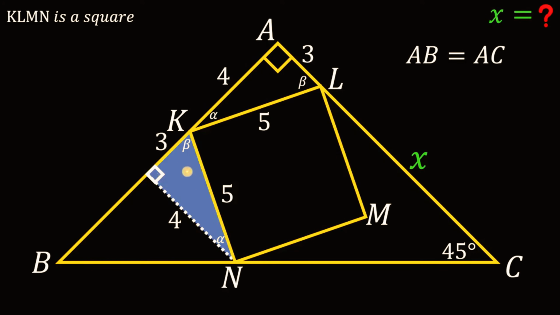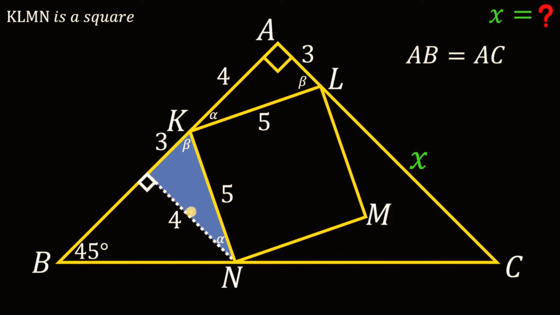equal to 4 units. Alright, and then also take note that this triangle ABC is an isosceles right triangle, so this angle B must be 45 degrees. And now, this angle right over here must be 90 degrees also.